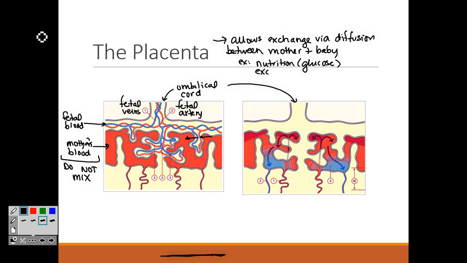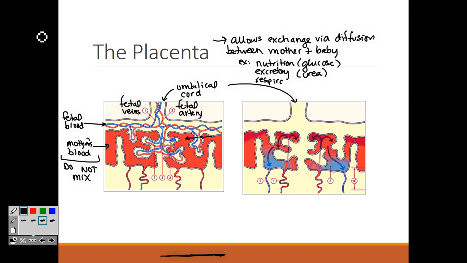It could be excretory. So for example, urea. The baby could be producing urea, and it could diffuse from the baby's blood into the mother's so the mother could get rid of it.